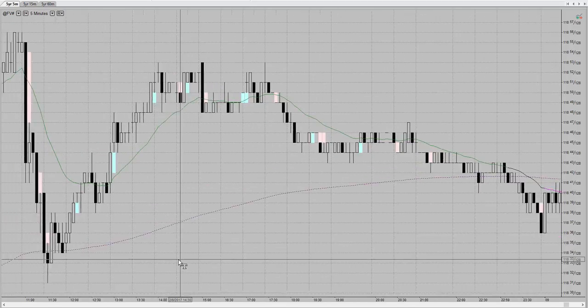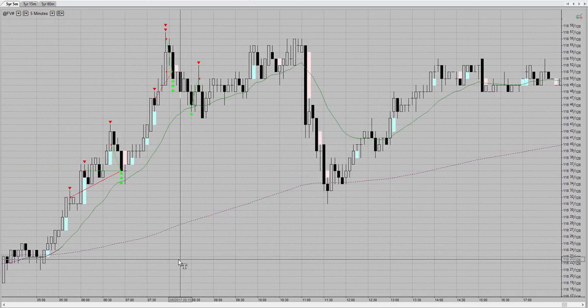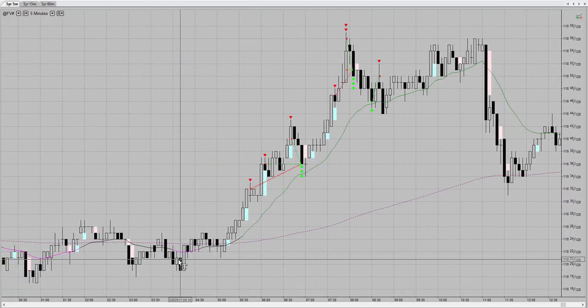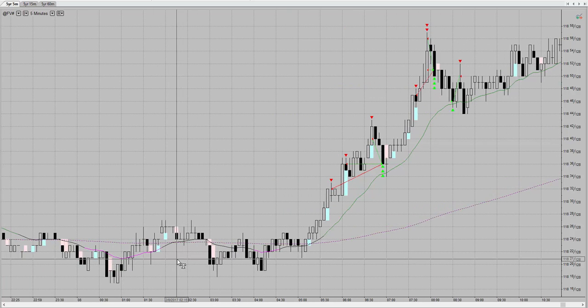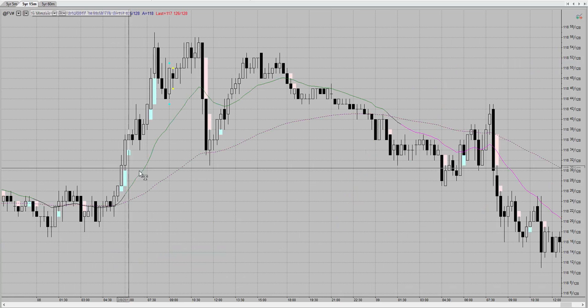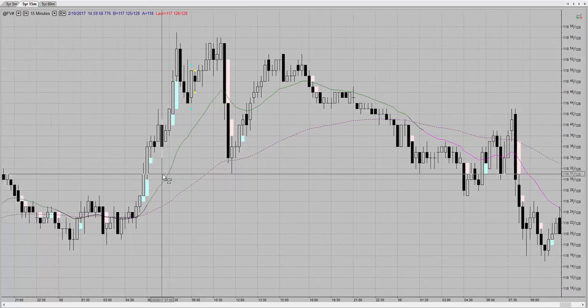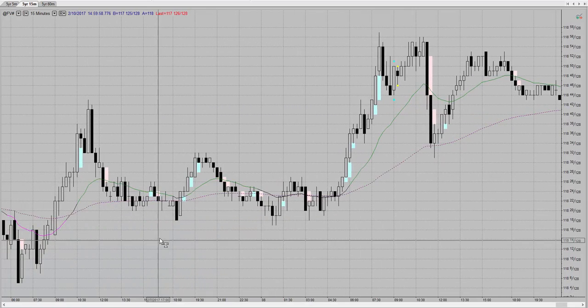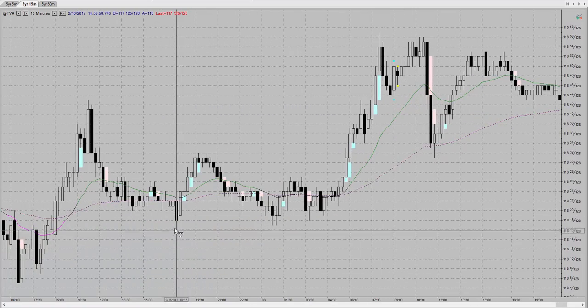And now we will go to Wednesday. Again, video 14B would have helped me here. I clearly was on the wrong side of the market all day today. Came in tight trading range.